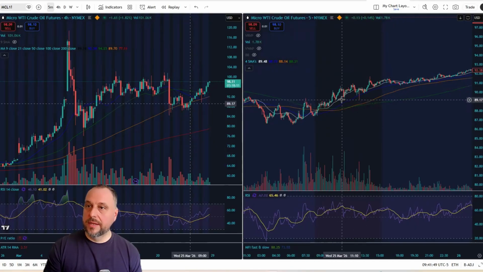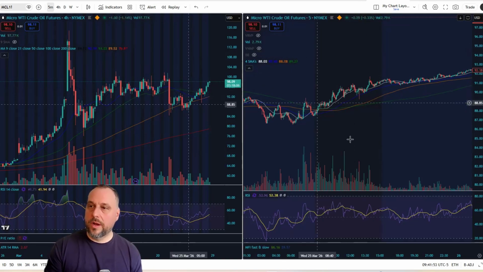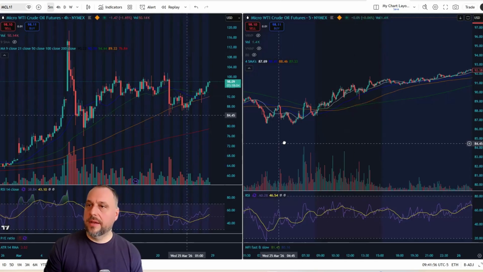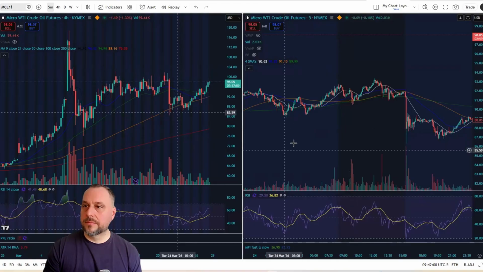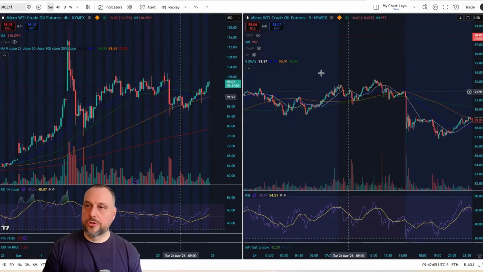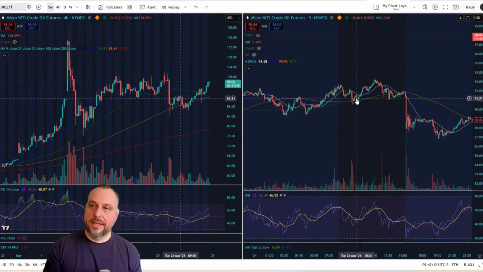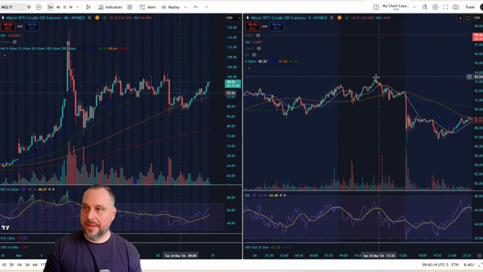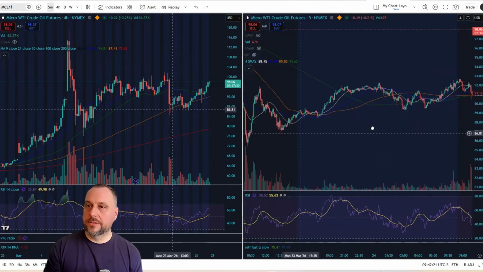We're kind of following this line, which is probably the 21 period moving average. Again, it liked to hold this green line, which is our 200 moving average. It kind of broke through, but when it came back, it held right here and then ran. What time is this? 10:25 my time. That's still tradable. I would still trade that.